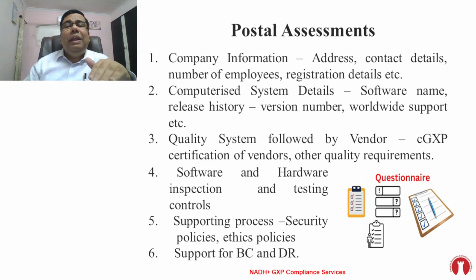That information they will tell you. Further, versions: how many versions are released. Suppose the fourth version is there, whether version 3 and version 2 are also in use by some other customers or not. That information you can take under the heading of computerized system details.